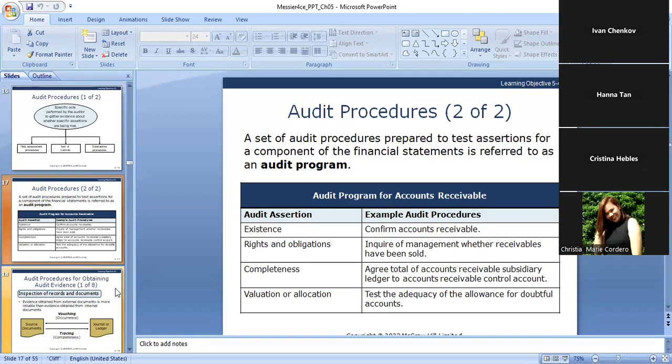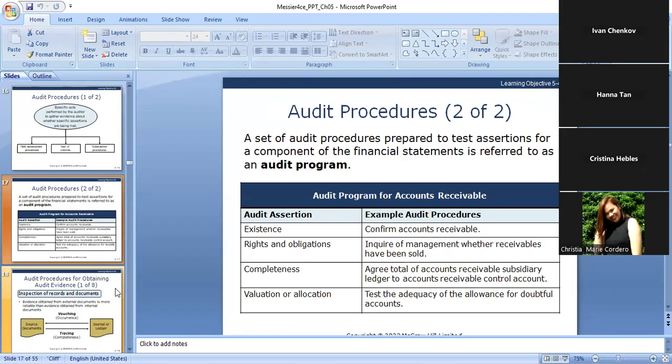Completeness. In order to assess the assertion of completeness, our procedure should be to agree the total of the accounts receivable subsidiary ledger to the accounts receivable control account. What will be the evidence which we're going to use to complete our procedures?